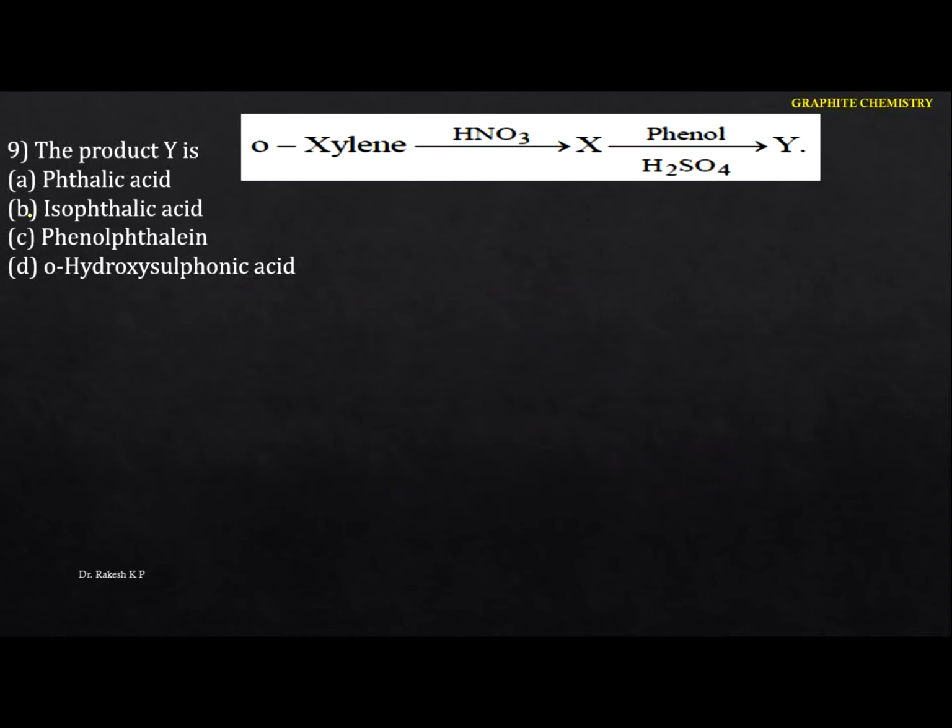The product Y is... they have given ortho-xylene here. See this one, ortho-xylene is this one. We are having two methyl groups. This is ortho-methyl toluene, also called ortho-xylene. Whenever it reacts with nitric acid, we know that nitric acid is a powerful oxidizing agent which oxidizes the toluene into the carboxylic acid.